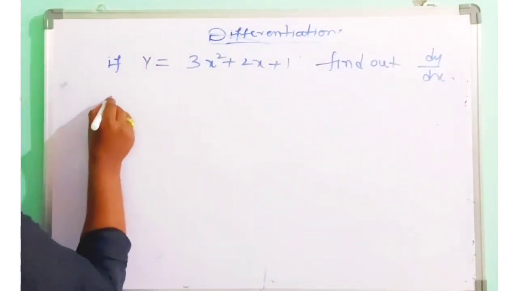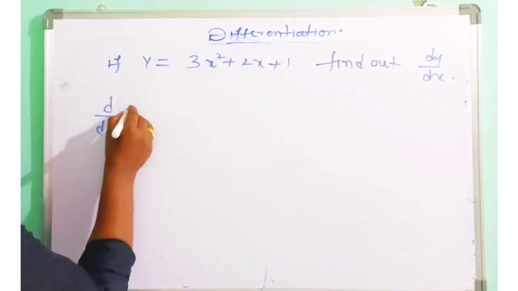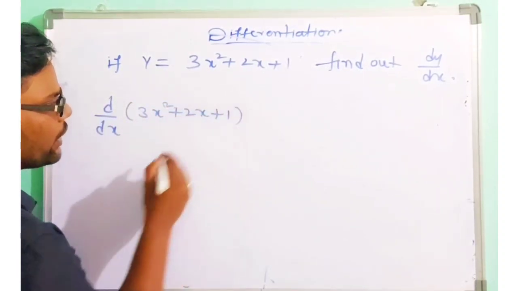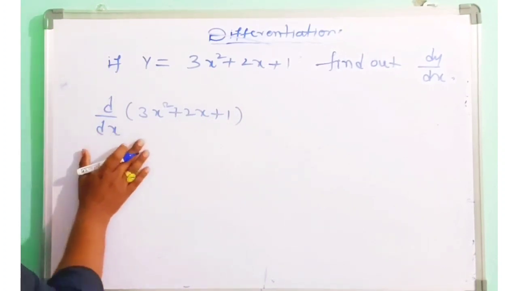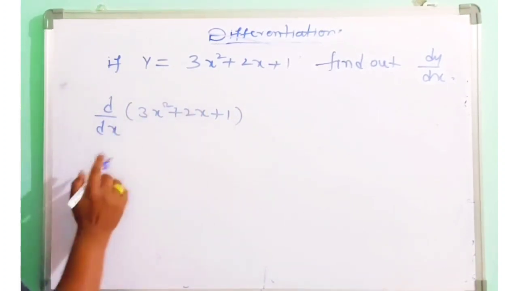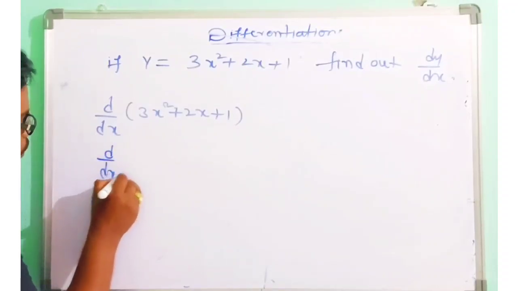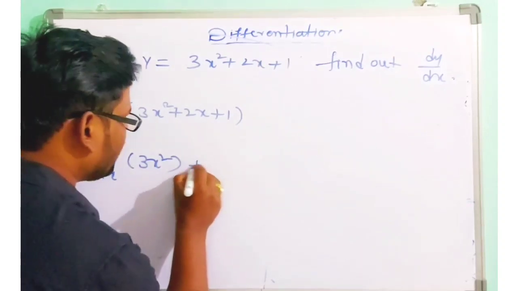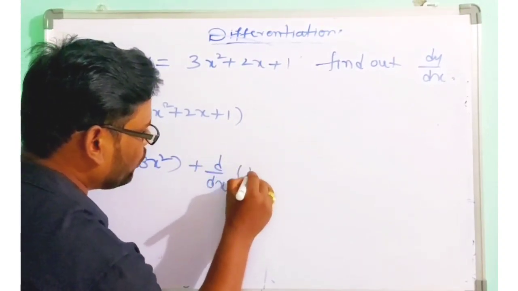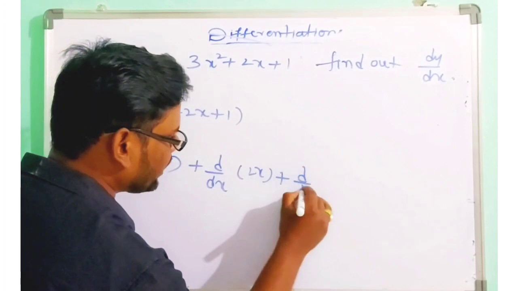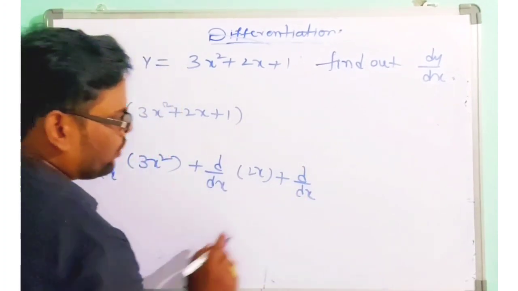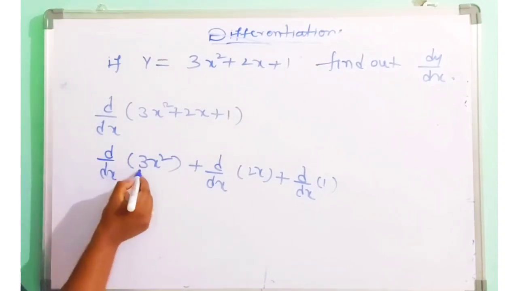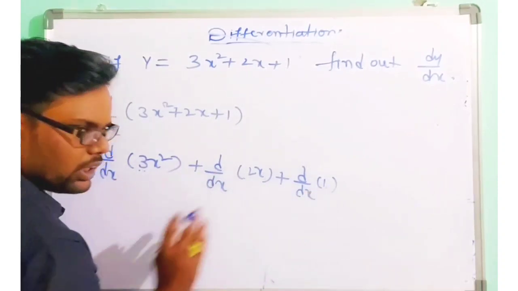So d by dx of y means d by dx of 3x square plus 2x plus 1, isn't it? So first of all we need to split. So d by dx of 3x square plus d by dx of 2x plus d by dx of 1, isn't it? Here 3, 2 and 1 are constants.